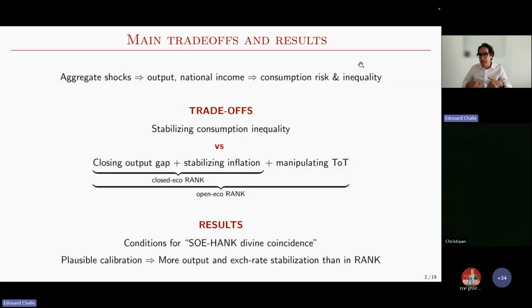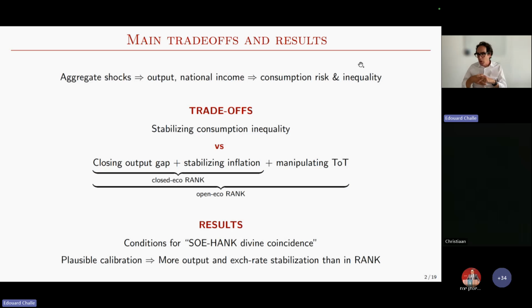Okay, so it's going to be, if you wish, a generalization to a heterogeneous agent economy of the traditional small open economy divine coincidence that has been derived inter alia by Gali and Monacelli some 20 years ago for the rank model.